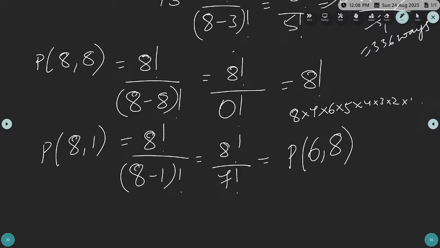Why? Because there are 6 numbers and 8 possibilities. It is not possible. For example, there are 6 chairs. I call 8 people. Can 8 people sit on 6 chairs? It is not possible. So this is not possible. Is it clear? Now let us go to the next question.